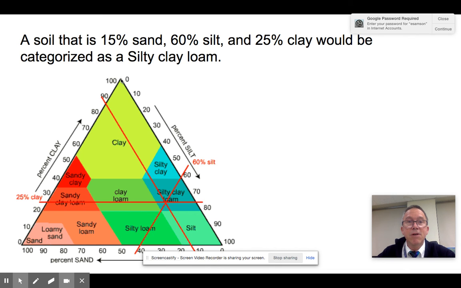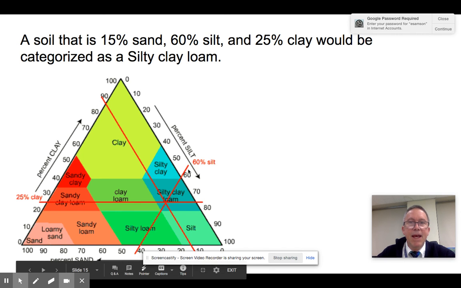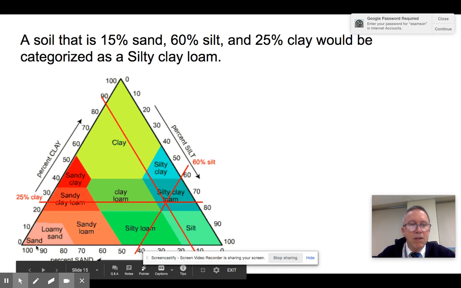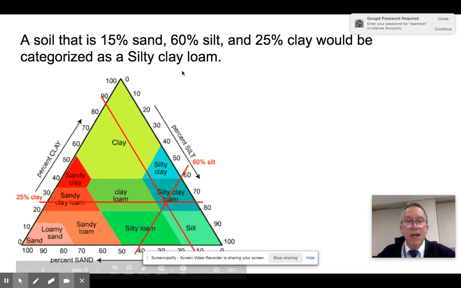So here's the 0 line for silt. So I have to draw my line parallel to that at 60. And it's 25% clay. So here's the clay axis. So I'm going to go up to 25, and I'm going to draw a line that's parallel to the 0 line for clay. So this is 0 clay here. So I draw my line here. They all intersect here. So we would consider this soil to be categorized as a silty clay loam.